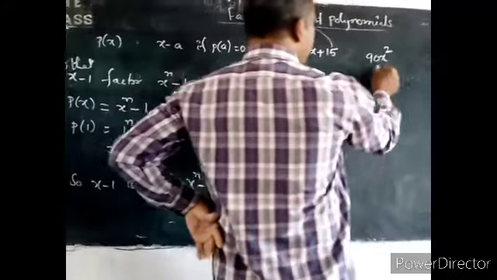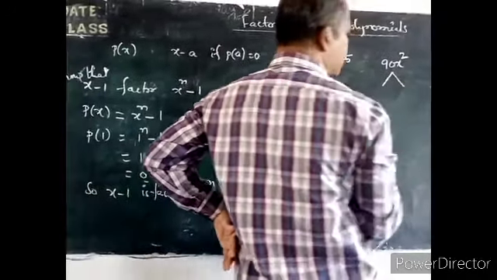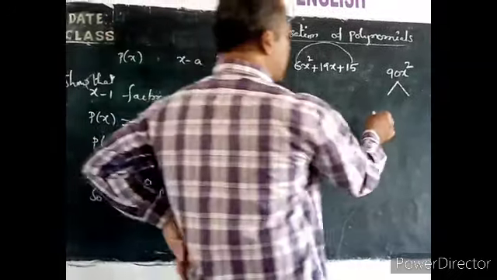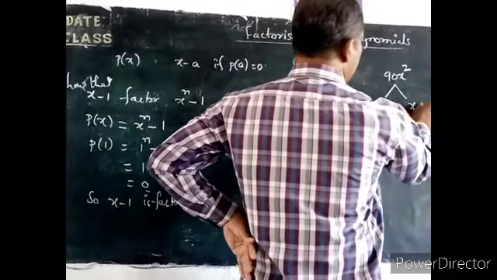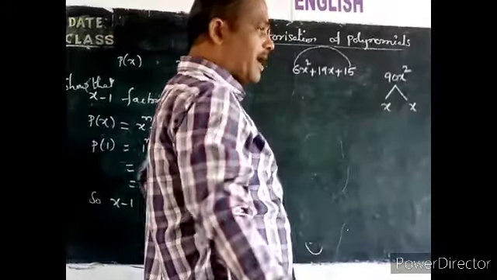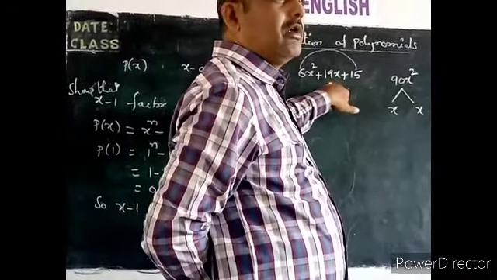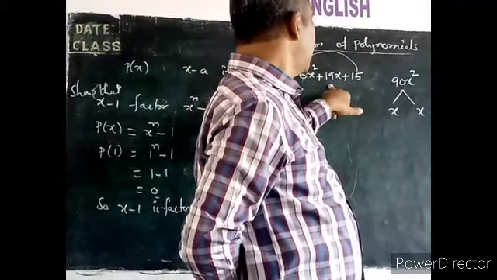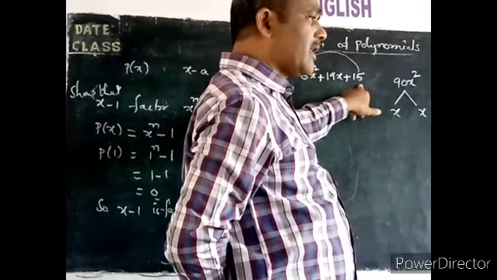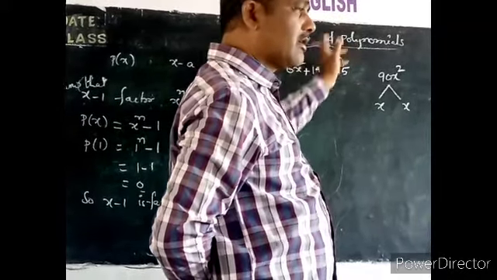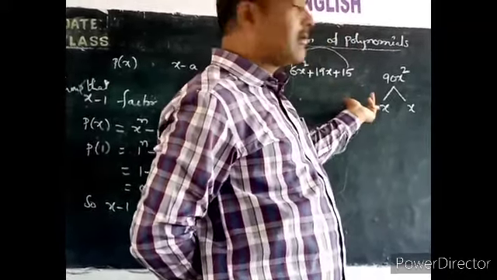Now 90x square will be divided into 2 factors, the product of any 2 numbers. X square will be x into x only. Now 90 will be divided into 2 factors to get the middle term 19. By which numbers do we get it? 6 into 15 is also 90, but adding gives 21, and subtracting gives 9, but not 19.